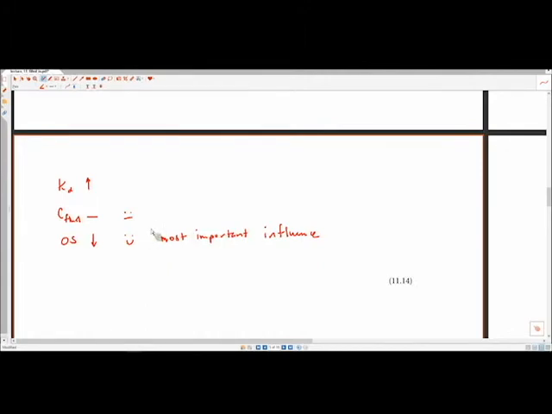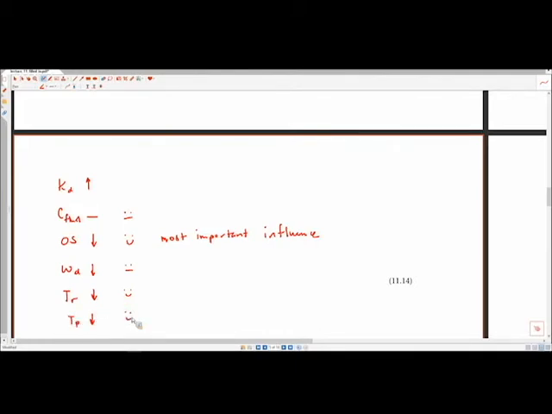It adds a zero to your system, so this will have some effects in terms of decreasing the damped natural frequency, somewhat indifferent there, but also decreasing the rise time slightly, and decreasing peak time slightly.